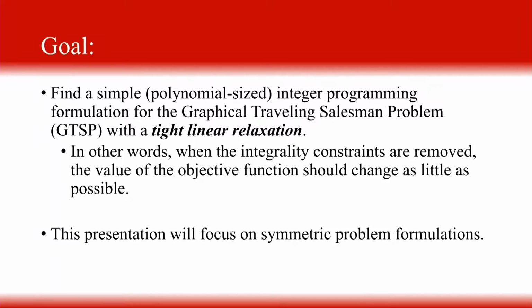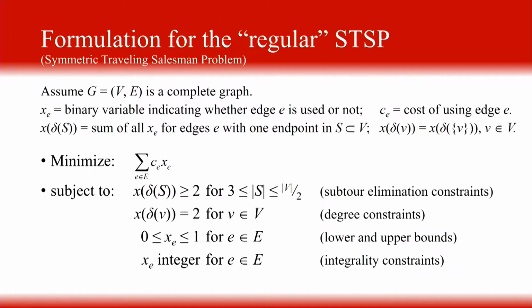We're going to be focusing on the symmetric problem that assumes the distance from A to B is the same as the distance from B to A. So this is the standard traveling salesman problem: subtour elimination constraints, making sure that you cross every cut set; degree constraints, making sure you visit and leave every node exactly once; upper bounds, that you can only use each edge once; and of course the integrality constraints, which are relaxed when you solve the relaxation.